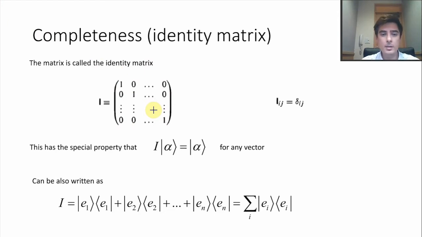It's called the identity matrix because it has the special property that if you multiply this matrix I with any vector, you'll get the same vector. Another way of writing this is in this form.